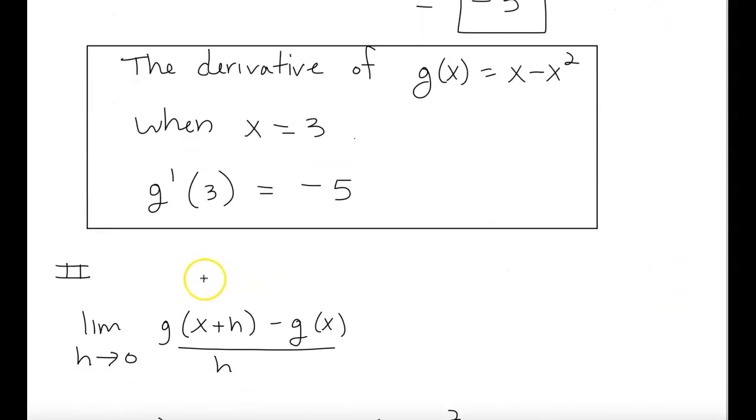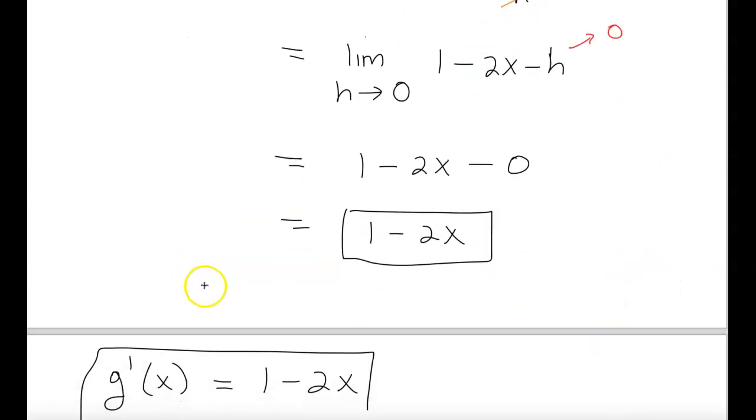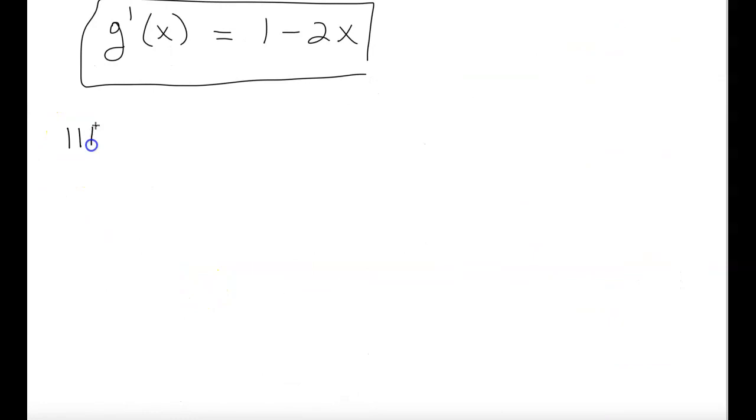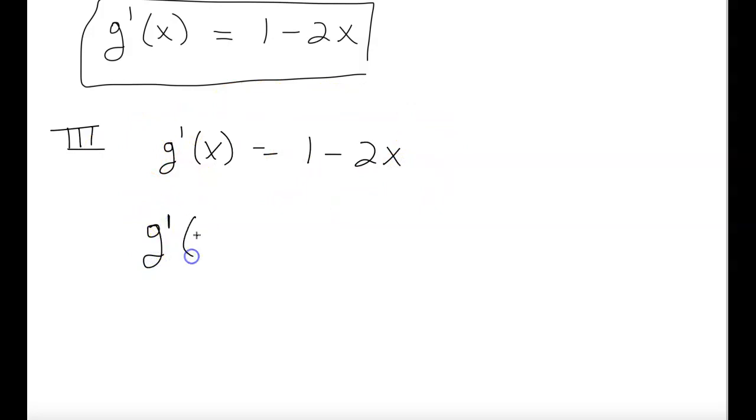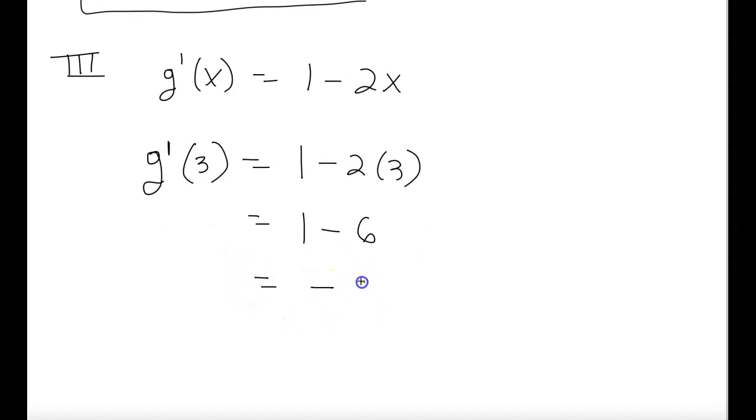So for part 3, we have g prime of x equal to 1 minus 2x, and now this is a function of x, so we can certainly substitute in a 3. If we find g prime of 3, that's going to be 1 minus 2 times 3, which is 1 minus 6, which gives us negative 5, which agrees with our answer from part 1.